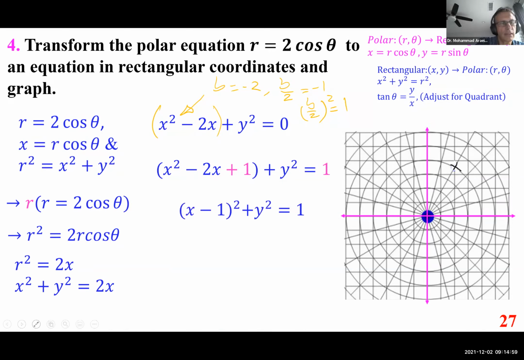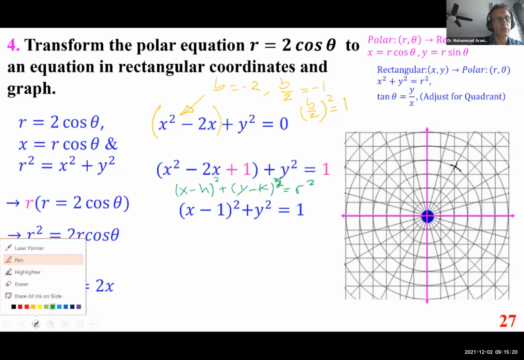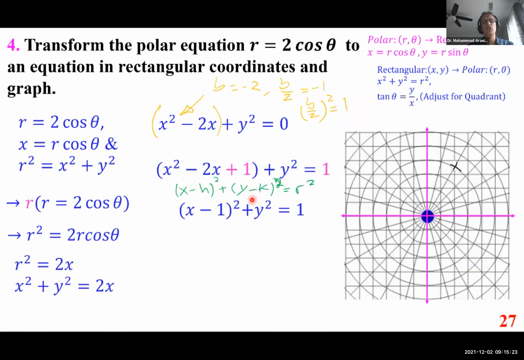And x minus h squared plus y minus k squared equals r squared, the equation of a circle centered at h and k.